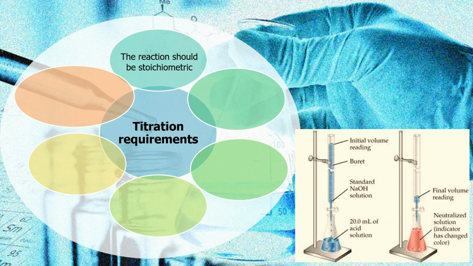The first requirement is that the reaction should be stoichiometric. It means that when A reacts with B, it produces C and D in stoichiometric form. The next requirement is that the reaction should be rapid, which means the reaction can be repeated more than 3 times to get an accurate result.